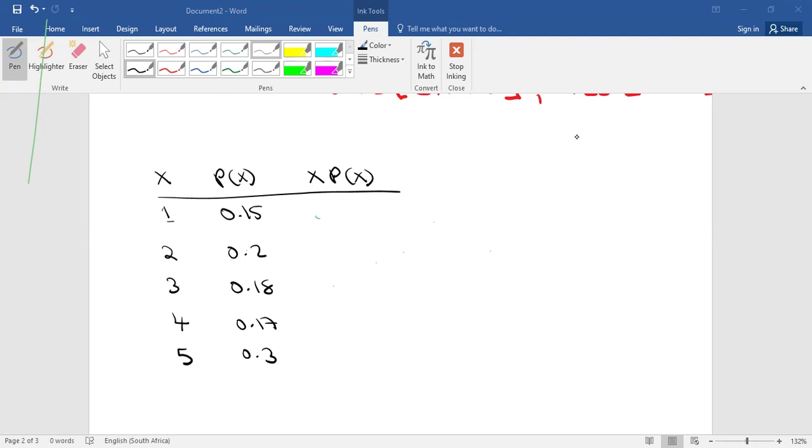Please, one volunteer to unmute and start giving us the answers as I'll be talking. So for the first one, it's 0.15. What's happening is we are multiplying 1 times 0.15. So she's given us 0.15. The next one, 2 times 0.2.